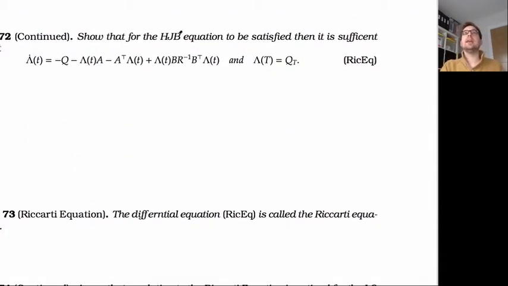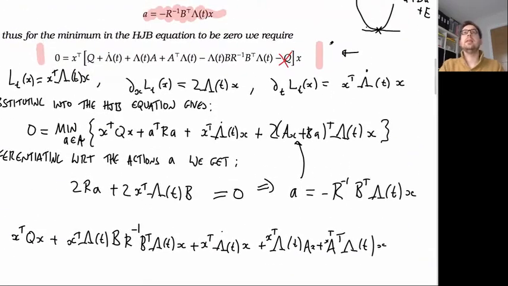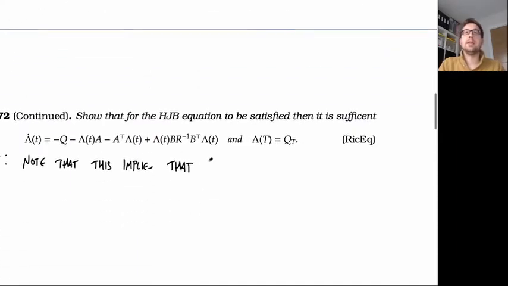So show that for the HJB equation to be satisfied, it is sufficient to show that this is true. Okay. So the answer to that is to note that this implies that this term, that star above in 71, is 0.